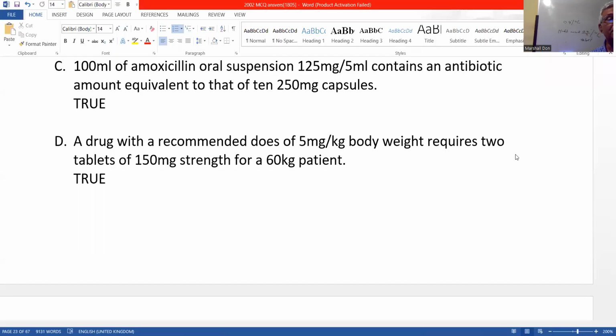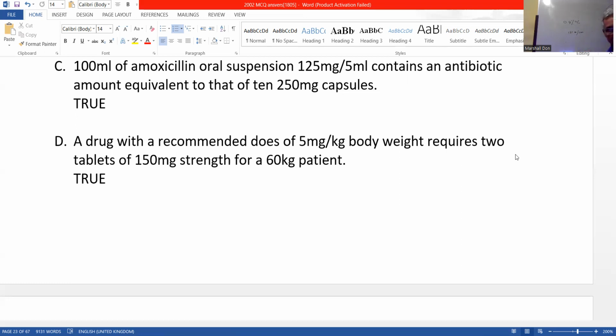Okay. Question C. 100 ml of amoxicillin oral suspension, 125 milligram per 5 ml, contains an antibiotic amount equivalent to that of 10 250 milligram capsules. It contains 125 milligrams per 5 ml.